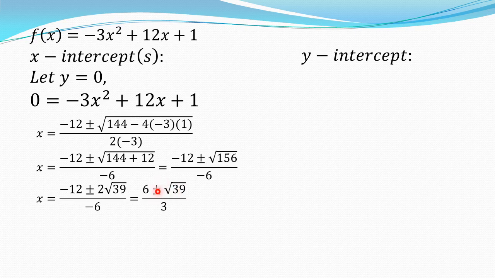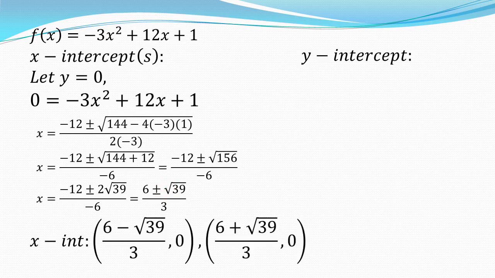This should actually be inverted, but it's pretty much the same. Nothing really changes, it's just plus minus. So again, your x-intercepts would be the -1 and the +1. Okay, so 6 minus square root of 39, and this one 6 plus. And those are your x-intercepts.